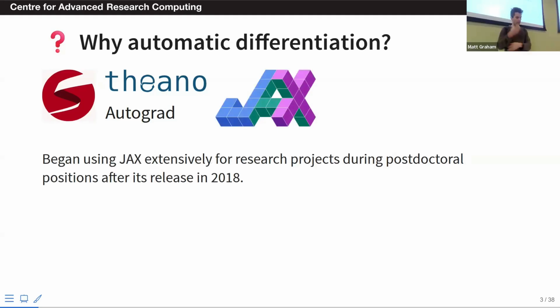So after I completed my PhD, during my postdocs in 2018, this framework JAX was first released, which was developed by several of the core contributors to AutoGrad, along with other people from Google. This is probably the autodiff framework that I am now most familiar with and still continue to use quite regularly.